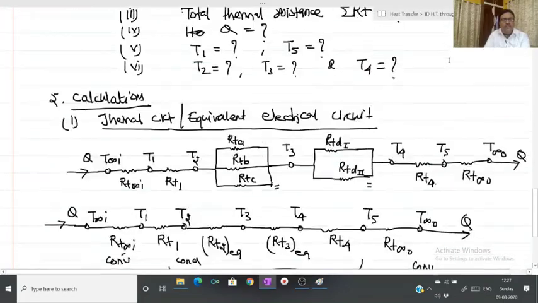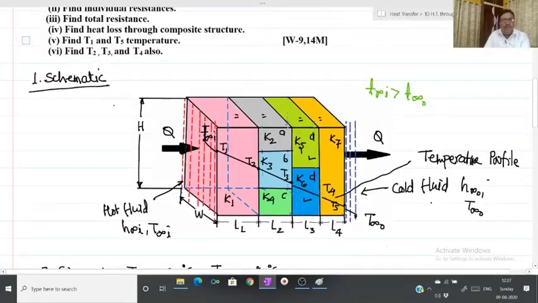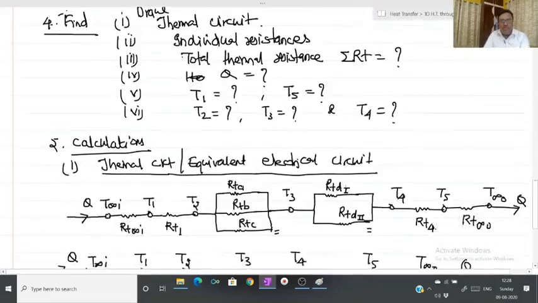Now, as we can see in this diagram, QI1 is okay, Q12 is okay, but Q23 is the rate of heat transfer through these 3 individual slab materials. Similarly, Q34 is the rate of heat transfer through these 2 individual slab materials. So in order to facilitate writing the equations for rate of heat transfer, I will follow this approach here.